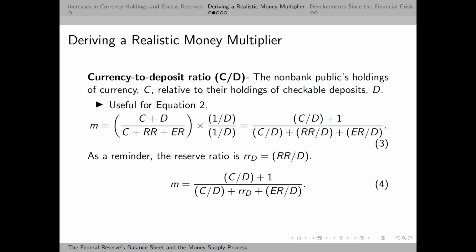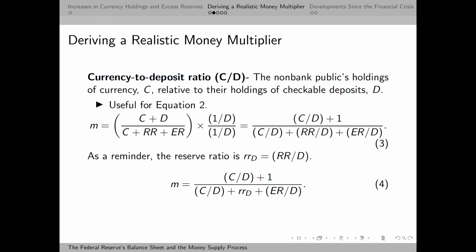Let's define the currency to deposit ratio first. This is just the non-bank public's holdings of currency relative to their holdings of checkable deposits, D. And this is very useful and also easy to calculate because at any one time, the Fed will always know how much currency they have issued and how much currency is being held in bank reserves.